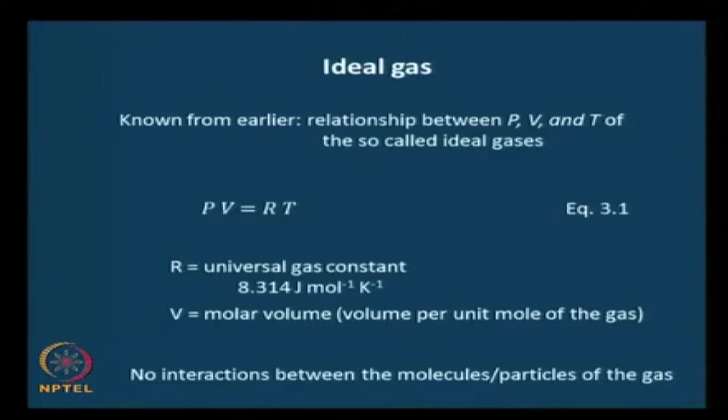That is when a gas would be ideal, and it so happens some gases, some noble gases, do follow the equation of state for ideal gas. Any relationship between P, V and T is an equation of state.